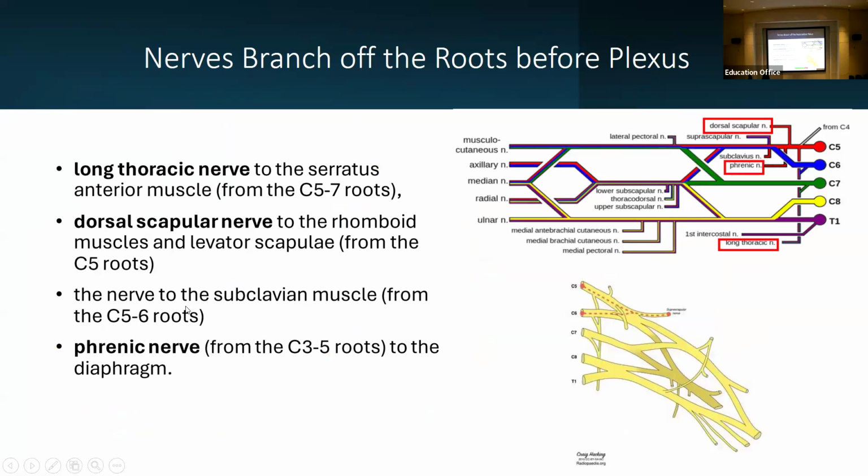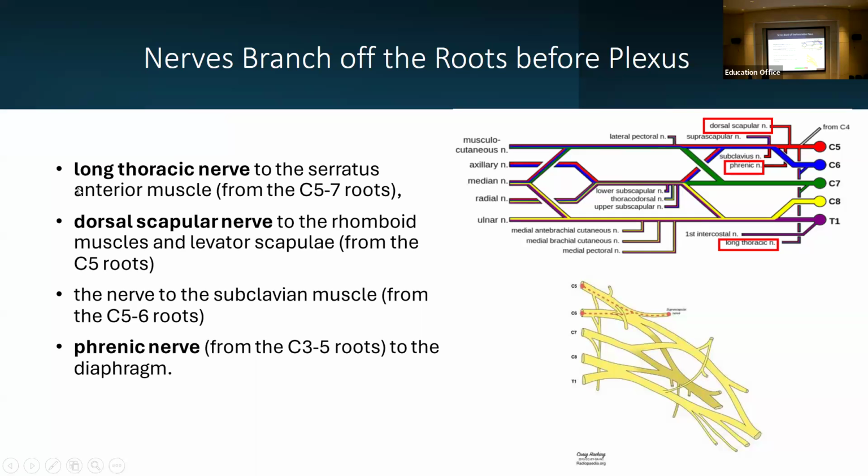And here are several nerves which branch off directly from the roots before the plexus. That's why when you do the physical exam, you want to check those muscle functions. If they are damaged or affected, that gives you a hint of some root damage.